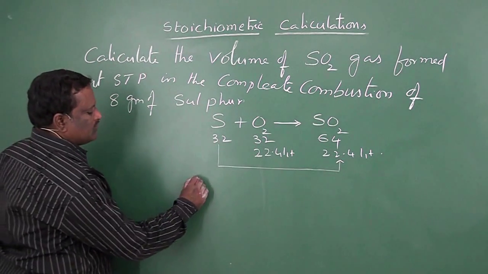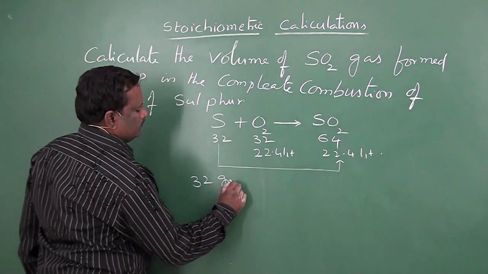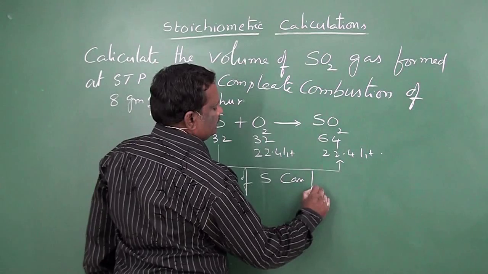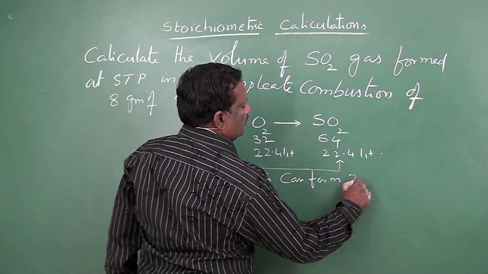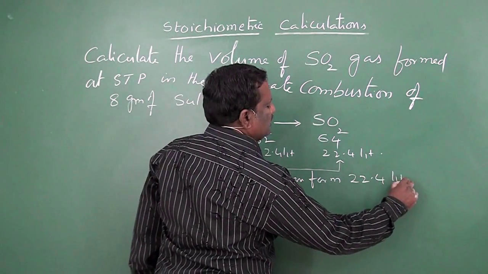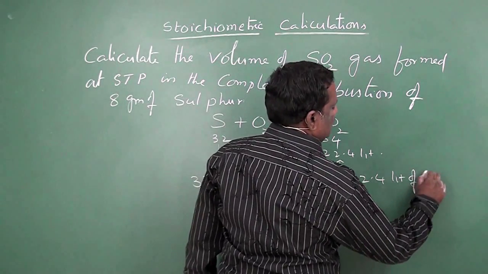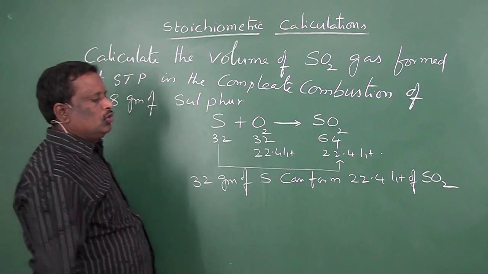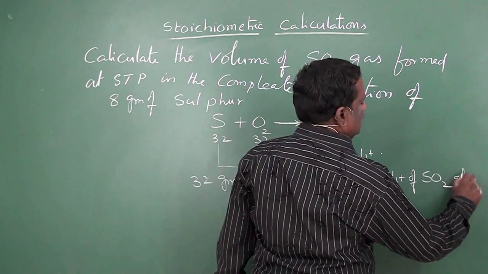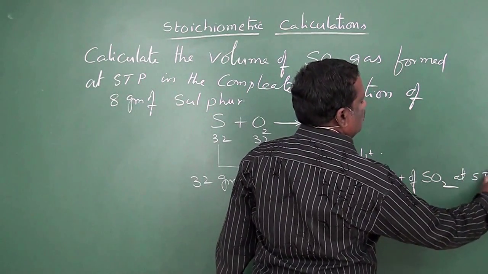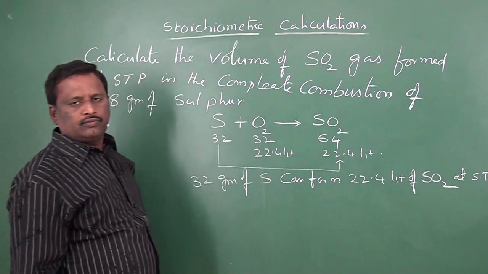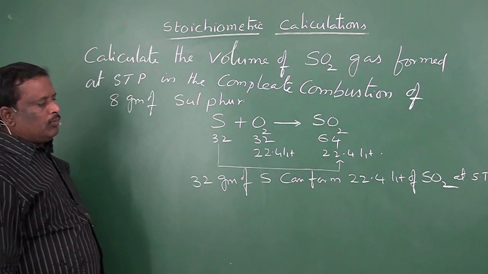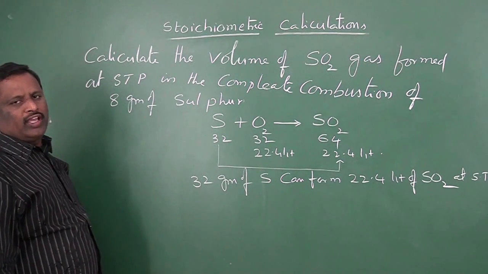Remember, this volume holds only at STP conditions, not in other conditions. So 32 grams of sulfur can form 22.4 liters of SO2 gas at STP.